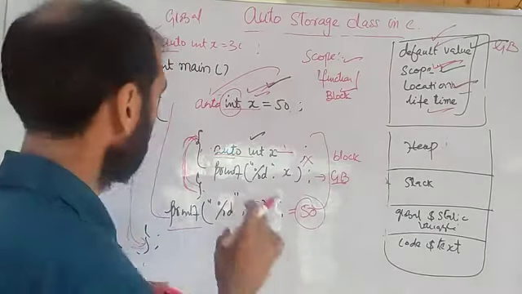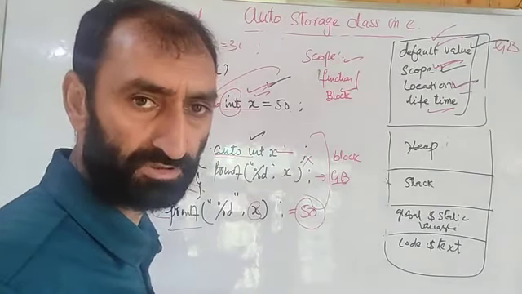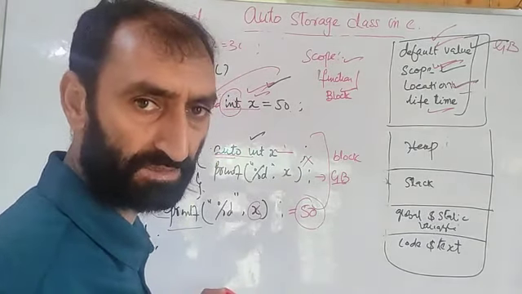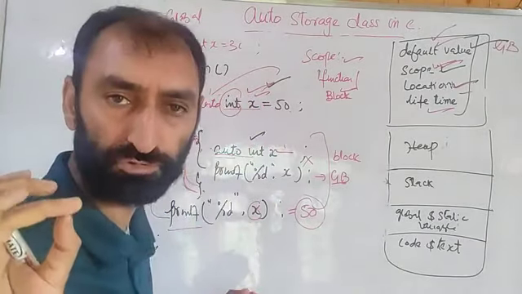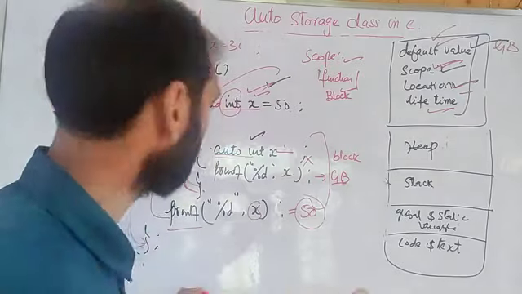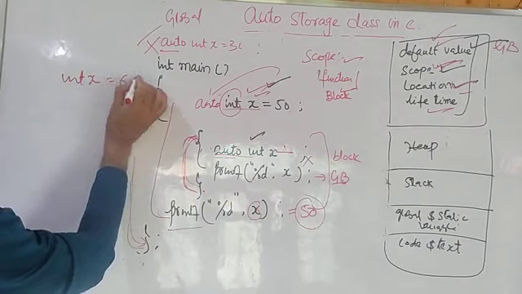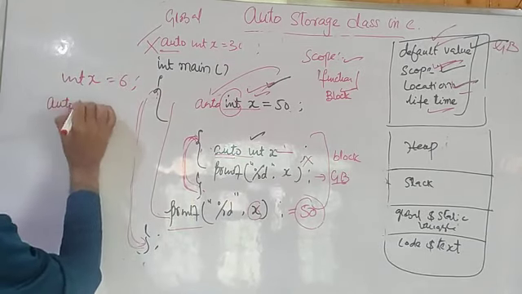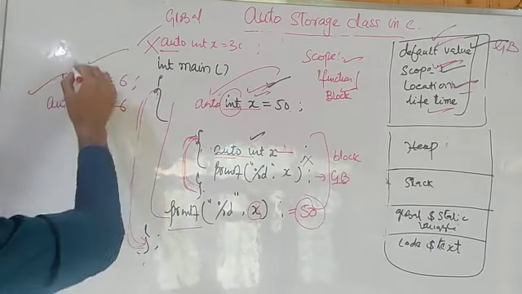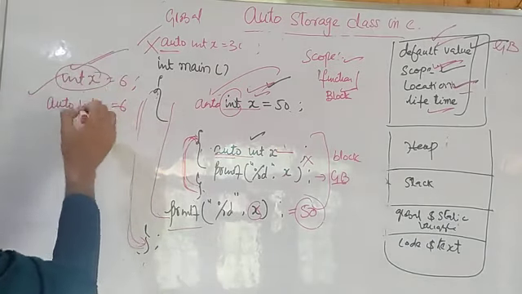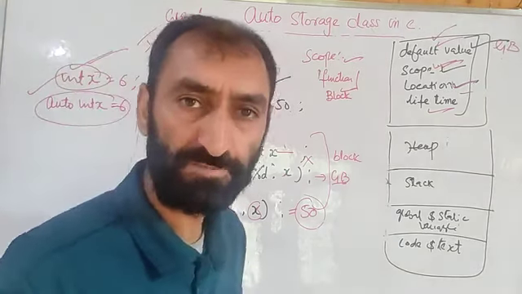If I don't associate any storage class manually or explicitly, then by default the compiler considers it an auto storage class. That means int x equal to 6, or auto int x equal to 6, are the same. The storage class of this is also auto, and this is also auto. By default, the storage class of a variable is auto.